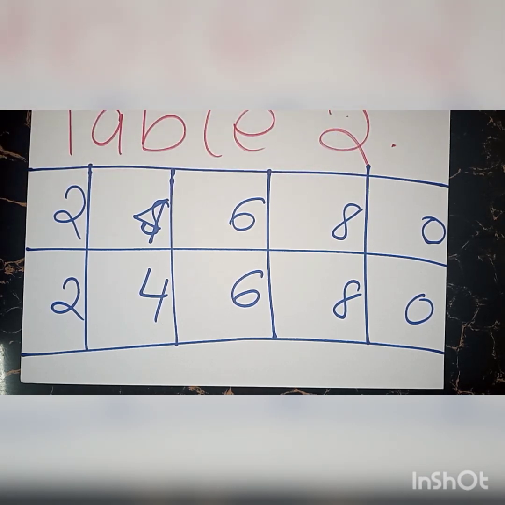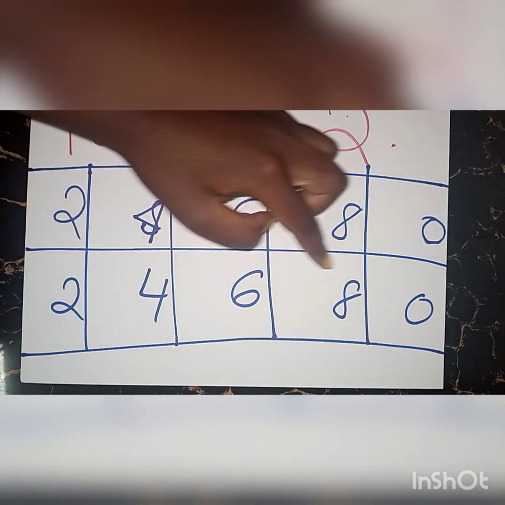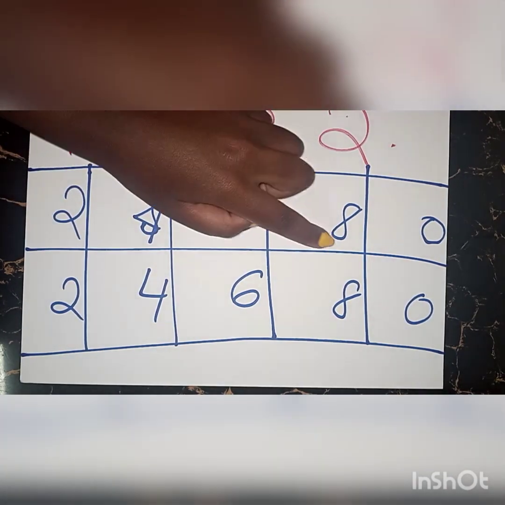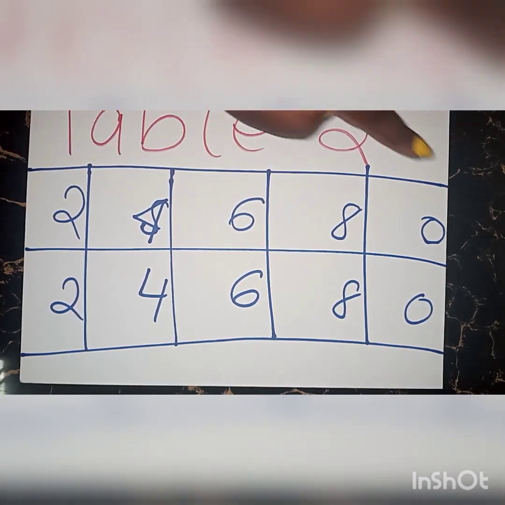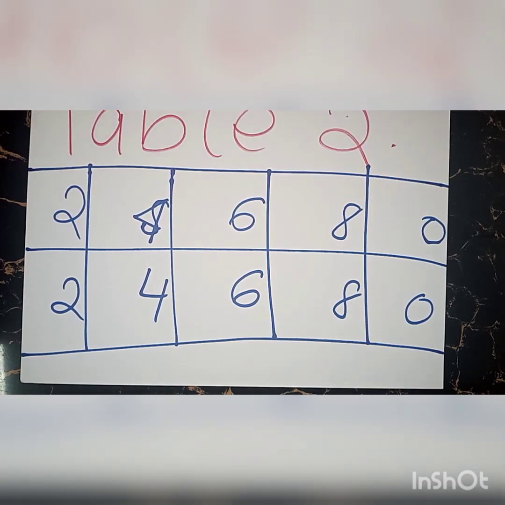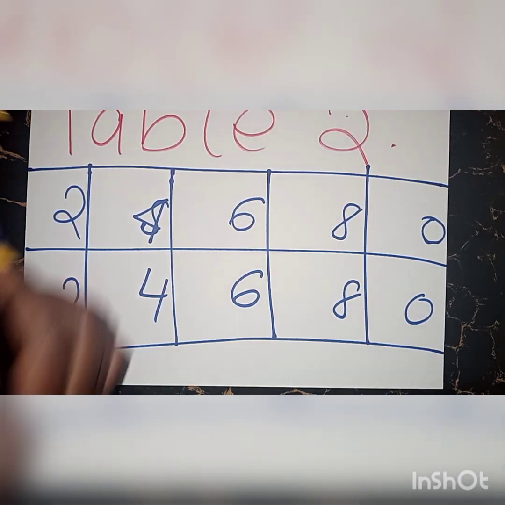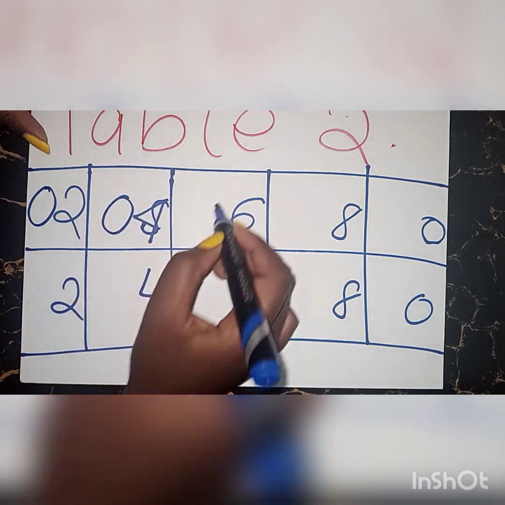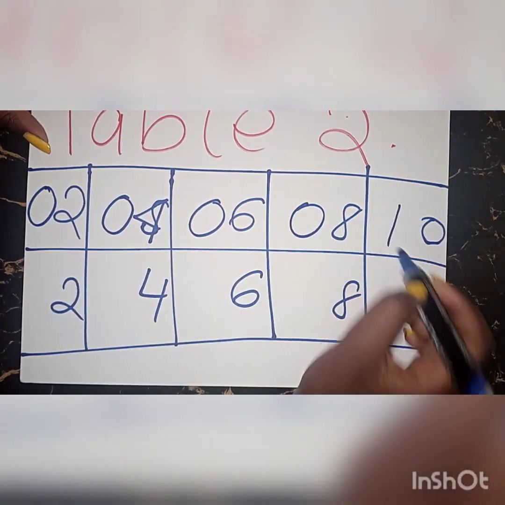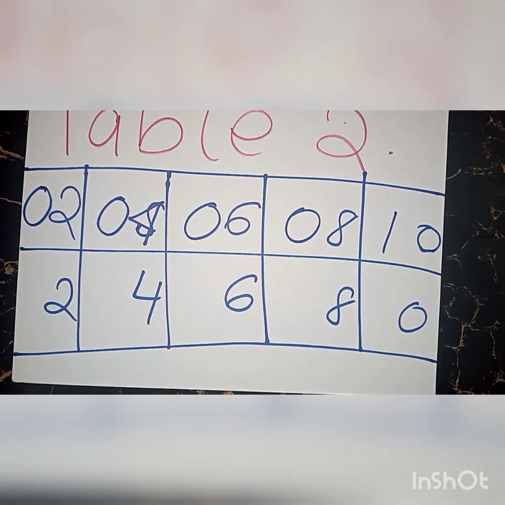Okay, however, we have an exception. In the last box, instead of writing 0 as we've done in all these other boxes, what do we write? We write a 1 in the last box.